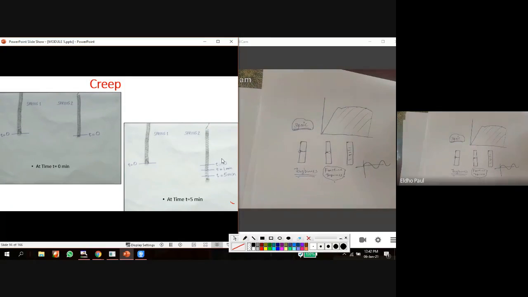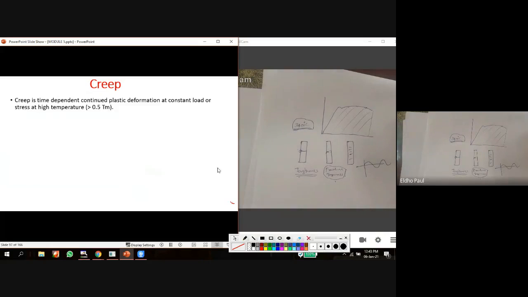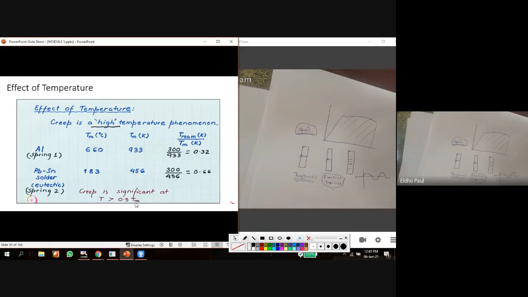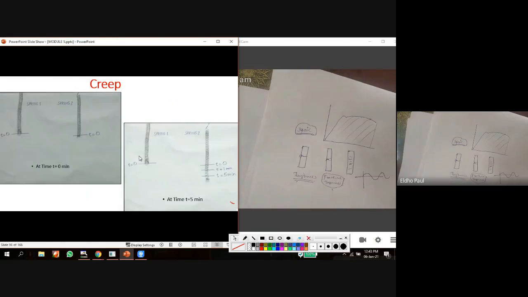But for aluminum, it is less than 0.5 times the melting point, so it will not be subject to any creep phenomena. Creep will be significant only when the temperature is greater than 0.5 times the melting point. That is the reason for this elongation on the tin lead material.